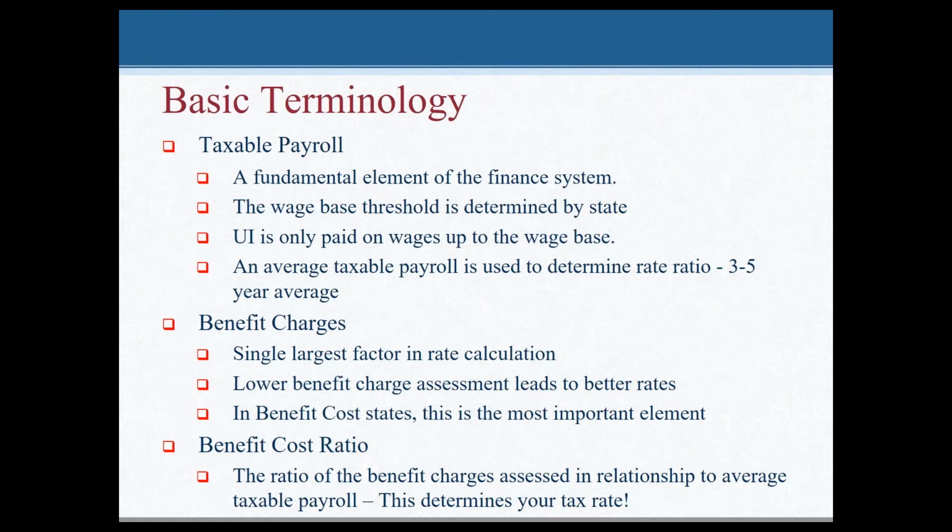And then they graduate up depending upon where that range is. So it could be 0 to 1.5% and 1.6 to 2.5, whatever the tax table says. That benefit cost ratio then is applied to the tax table, and that's what determines your unemployment tax rate for the next calendar year.